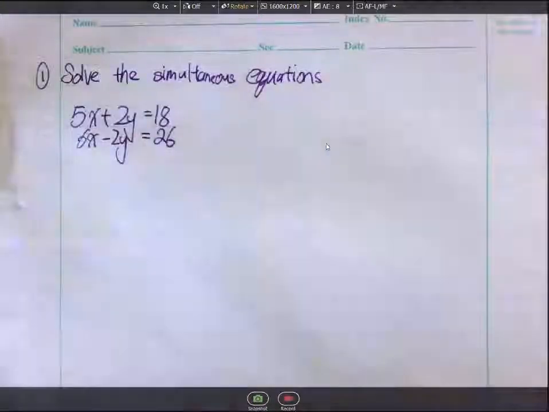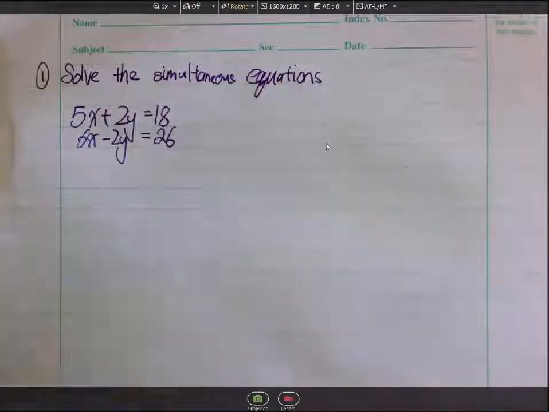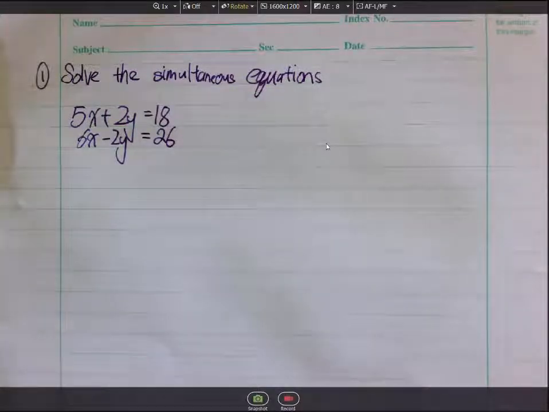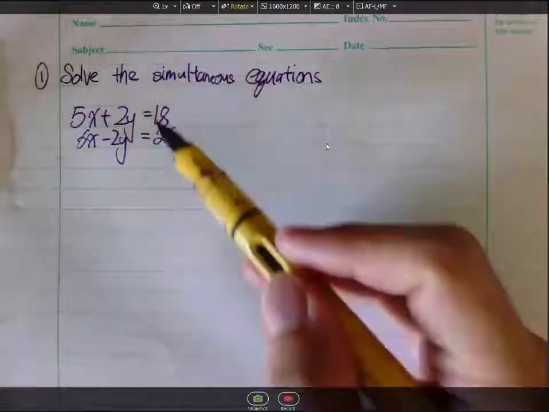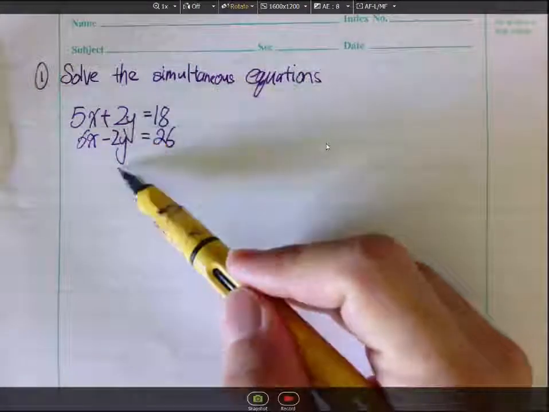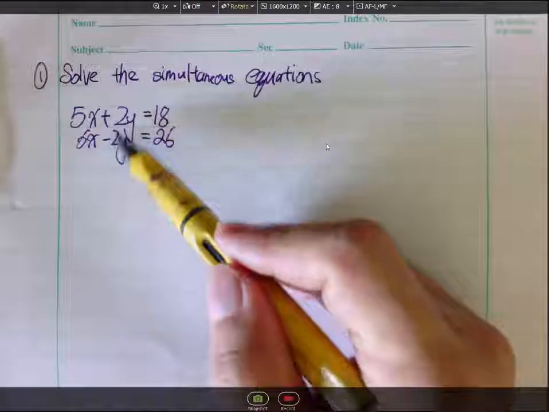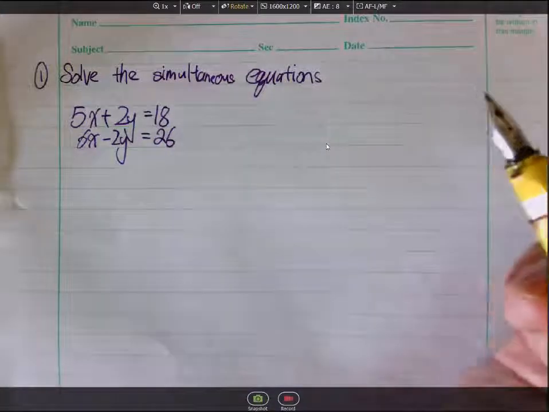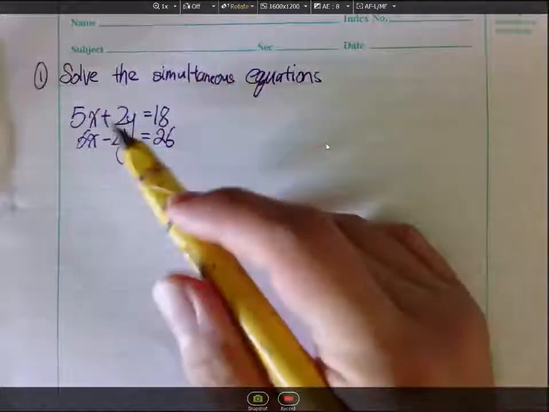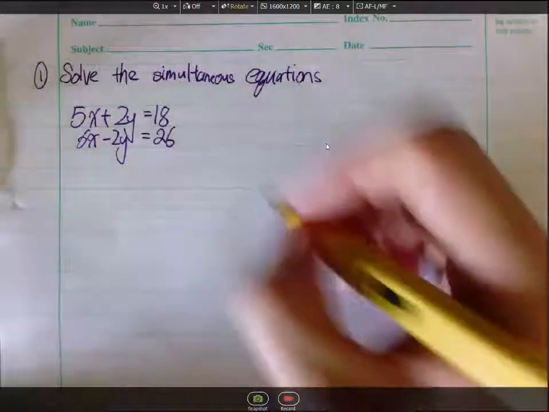First and foremost, notice that the one that we want to eliminate here will be y. How come I want to eliminate y? Notice that y has the same value, 2 and 2. However, they have different sign. Remember, as we have seen in the previous screen, same value, different sign, we will add the two equations.